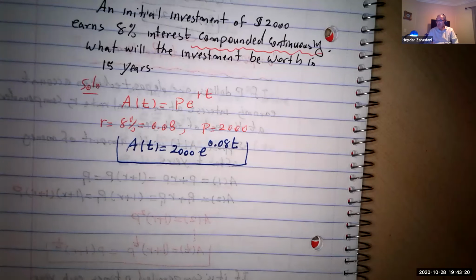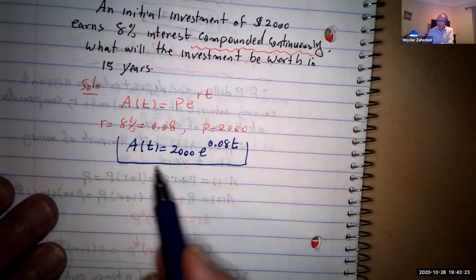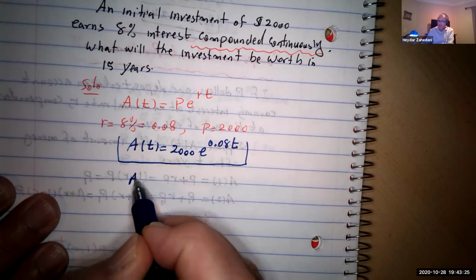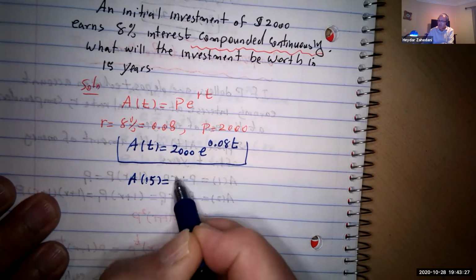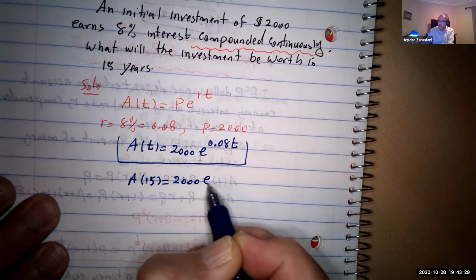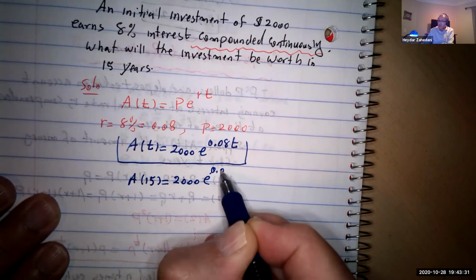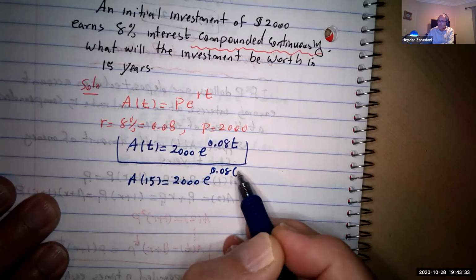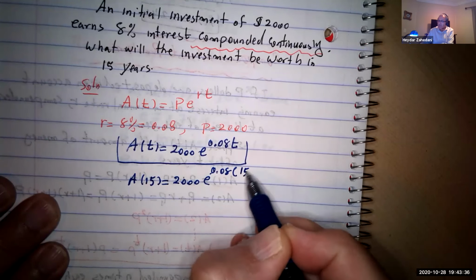So t is equal to 15 years. A of 15 is going to be equal to 2000 e to the 0.08 times 15.